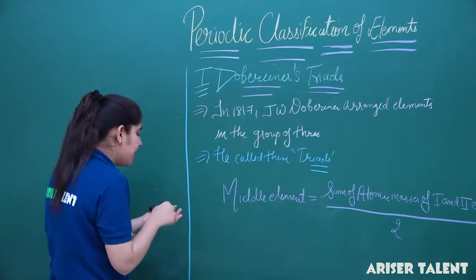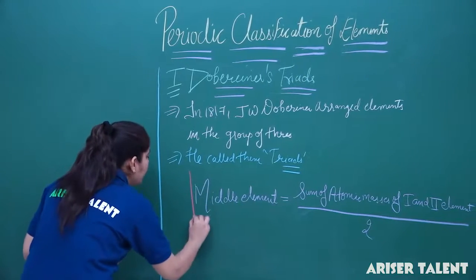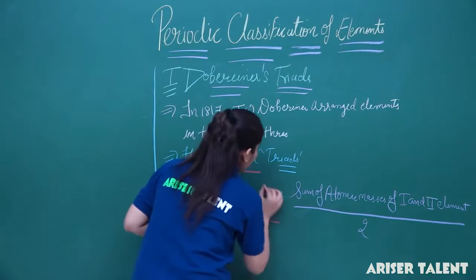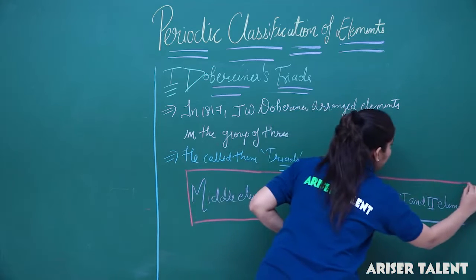So this is the basis for the classification of Dobereiner's triads, according to the 3 elements arranged in the group.